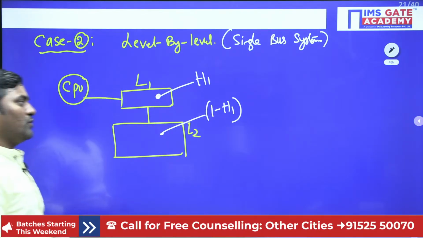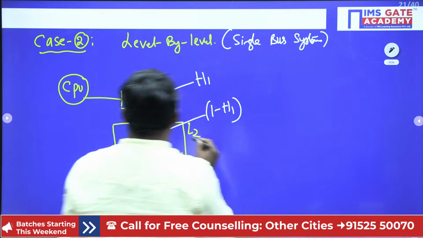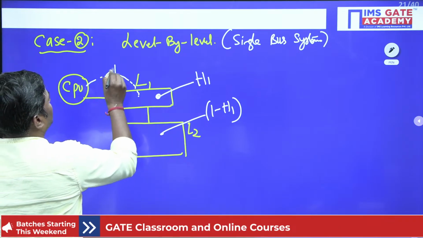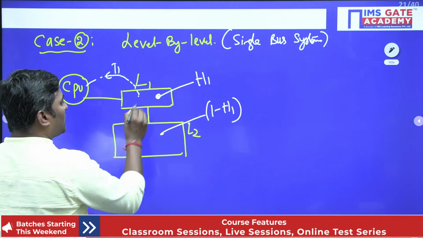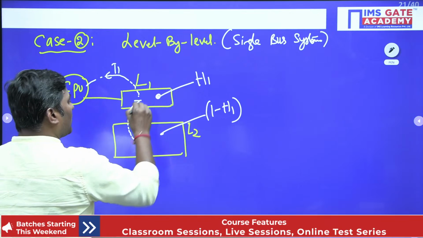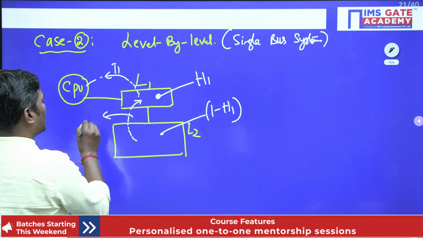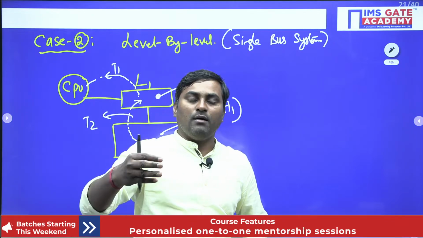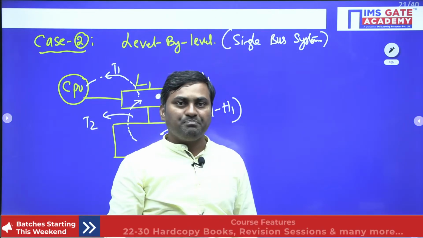So if it is available in level 1, it can be handed to the processor, taking T1 time. If a miss occurs, the data moves from level 2 to level 1, and this time is T2. Please understand: T1 is the access time for data moving from level 1 to the CPU.